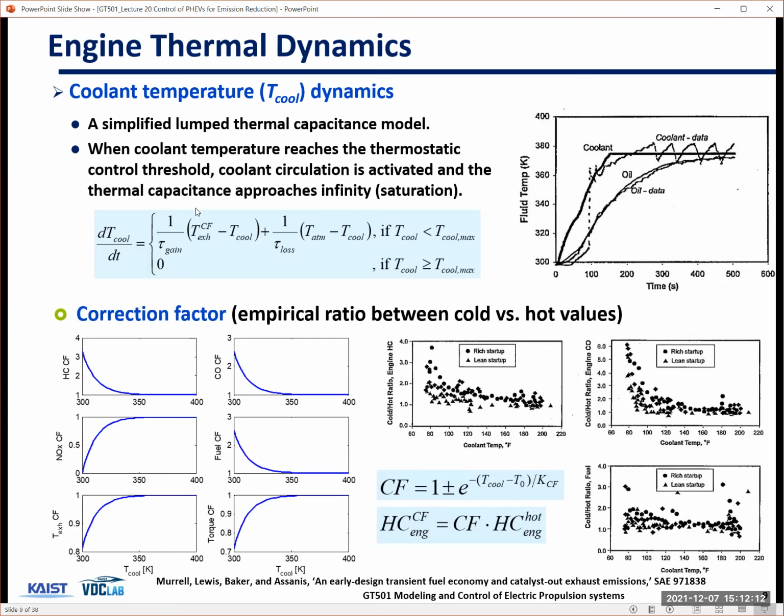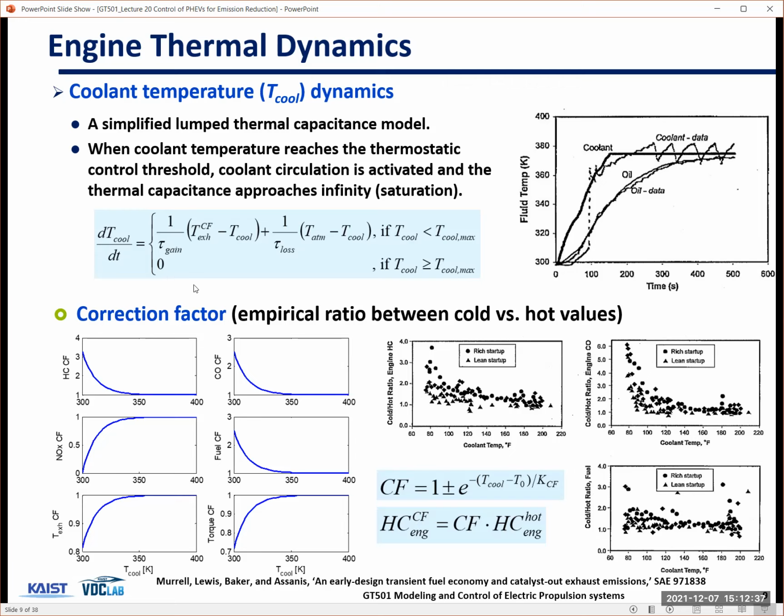I basically explained all of these very conceptually. So this is the coolant temperature dynamics. This is nothing more than a heat transfer model. If you're a mechanical engineer, you should be familiar with this.